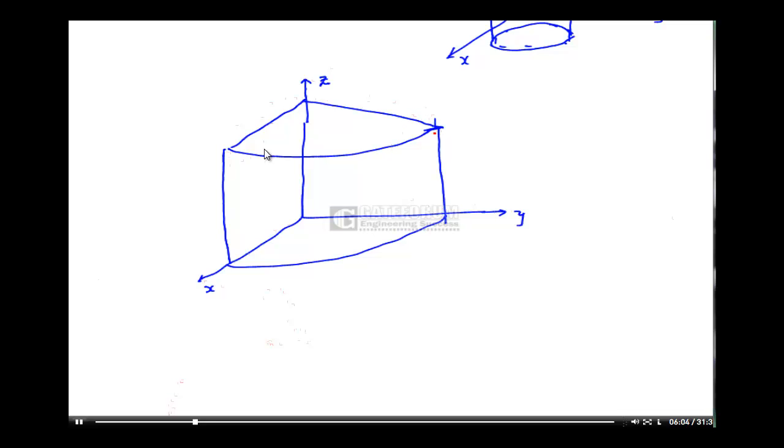So this is the front view of a cylinder.